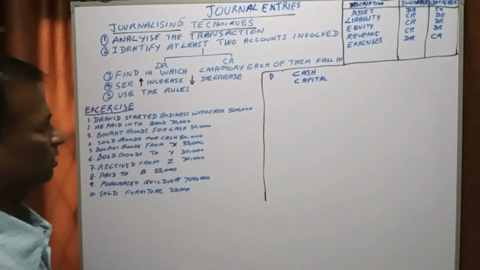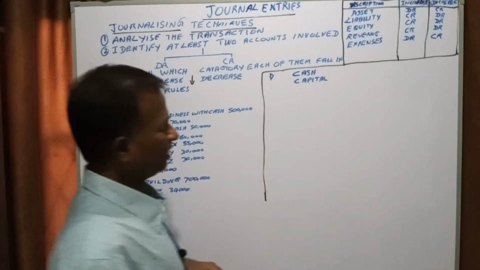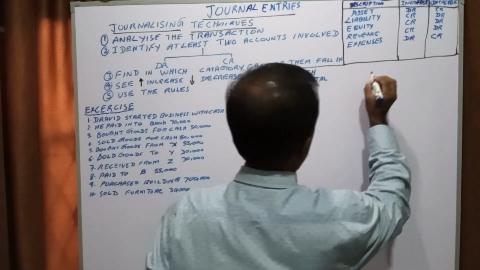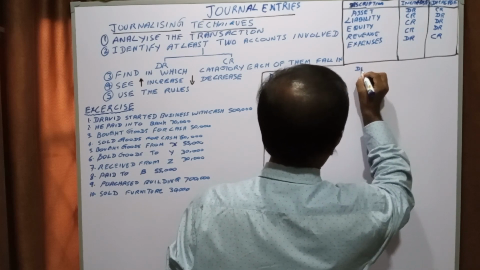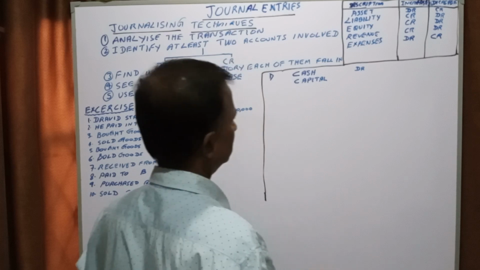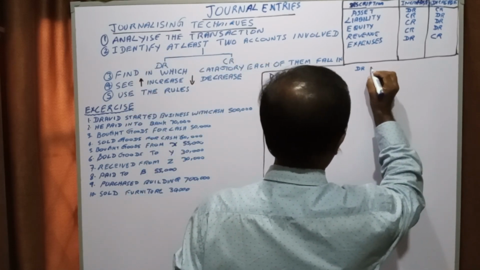Okay, capital and cash. Cash is coming in, 500,000, so you are debiting. Cash is debited 500,000.